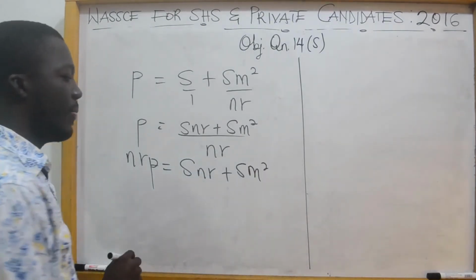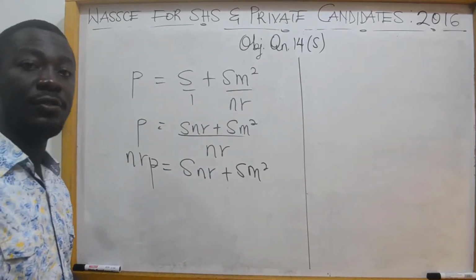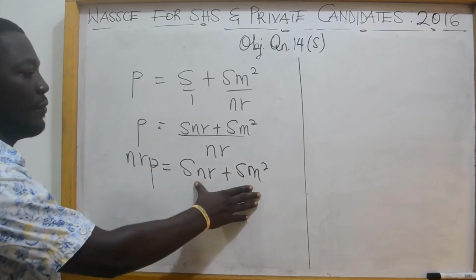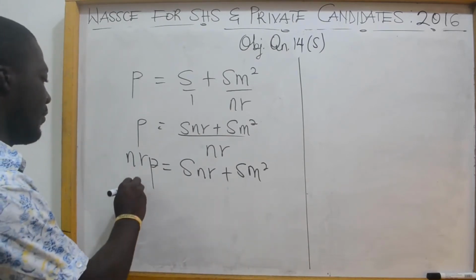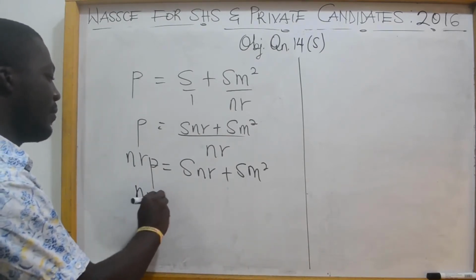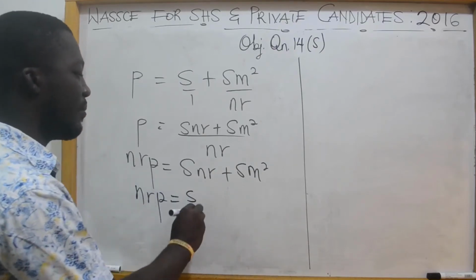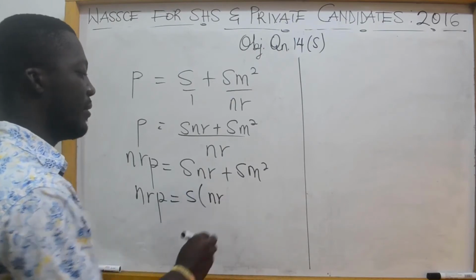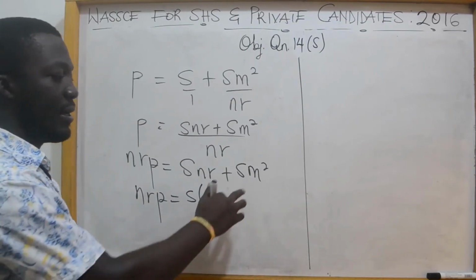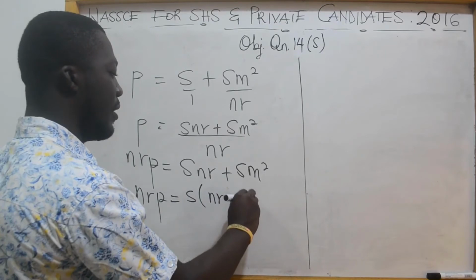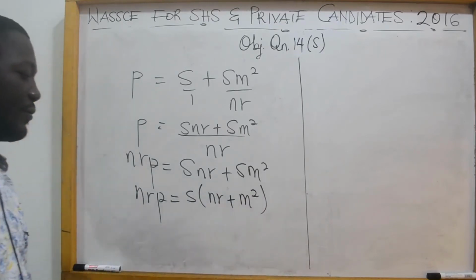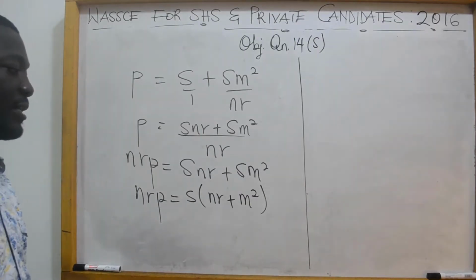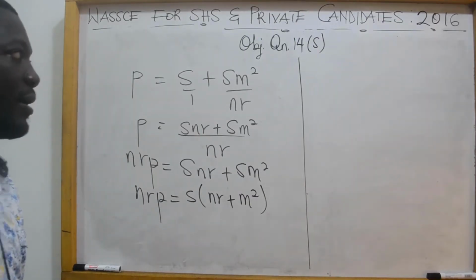The next thing we are going to do is to factorize or factor S out of this side, and we get NRP is equal to S will come outside the bracket, then we have NR there plus another S will come, so M square. To find S, we divide both sides by NR plus M square.